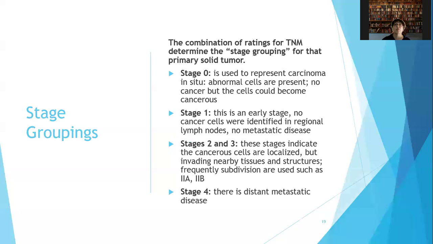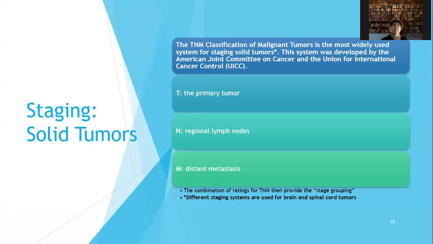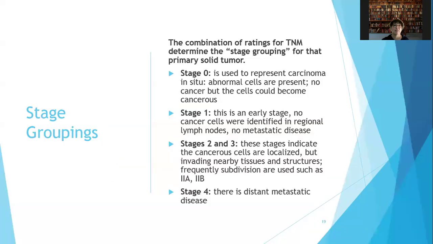When you get cancer staging, if you have stage 4 breast cancer, it means it originated in the breast, it has invaded regional lymph nodes, and you do have distant metastases.